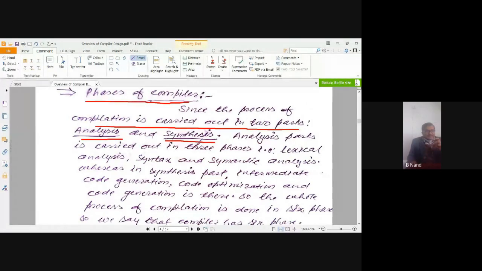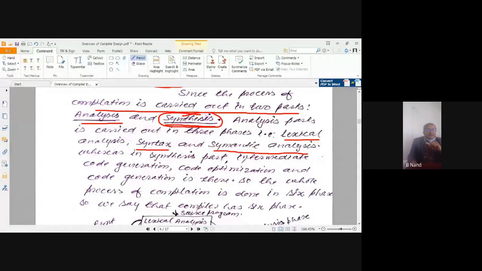The analysis phase consists of three different phases: lexical analysis, syntax analysis, and semantic analysis. Similarly, the synthesis phase also consists of three different phases: intermediate code generation, then code optimization and code generation.